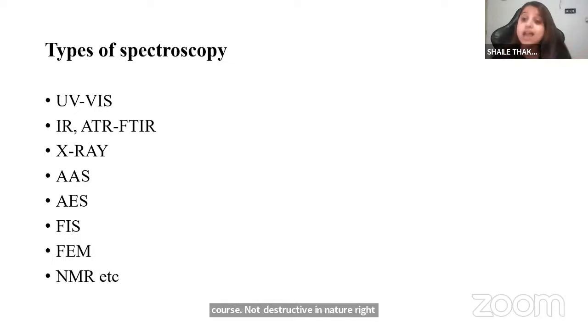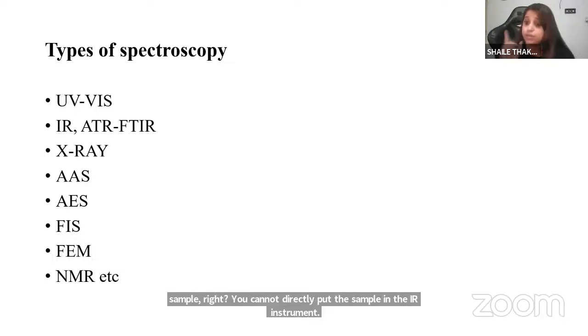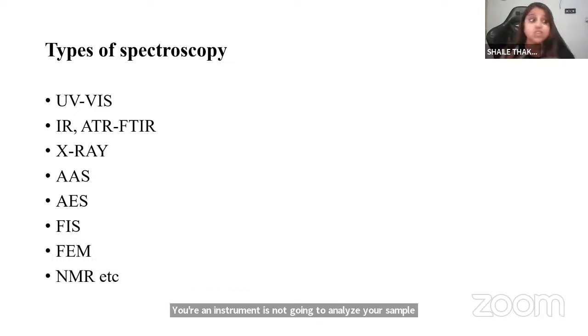In conventional IR, we need to go for sample preparation. Why? Because to meet the criteria, we need to convert the state of the sample, right? You cannot directly put the sample in the IR instrument. Your IR instrument is not going to analyze your sample. So to make your sample analyzable, we need to go for sample preparation.